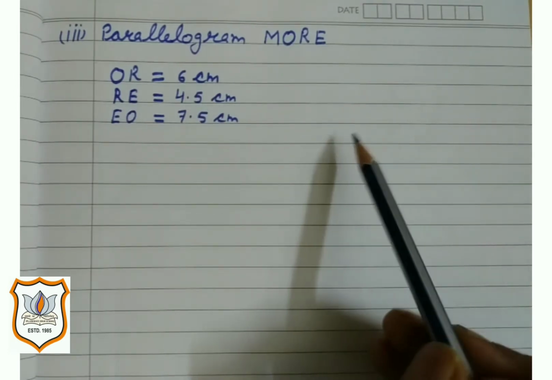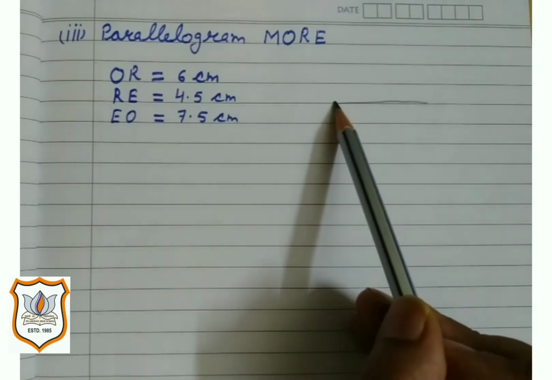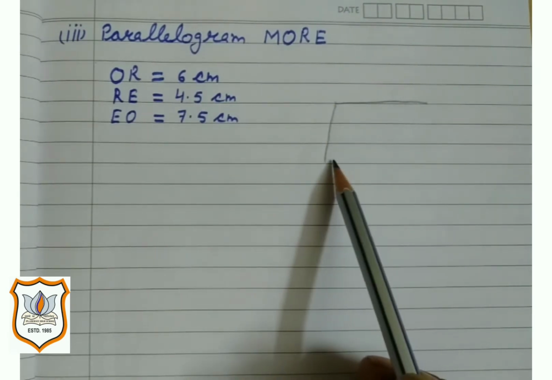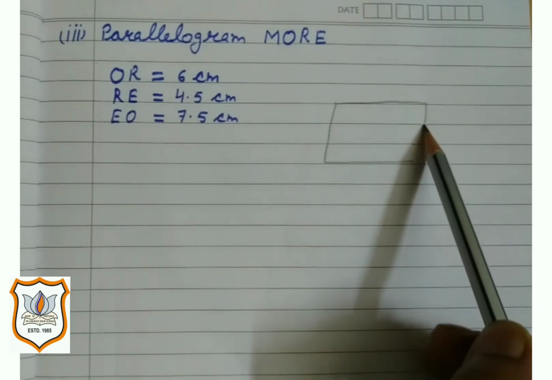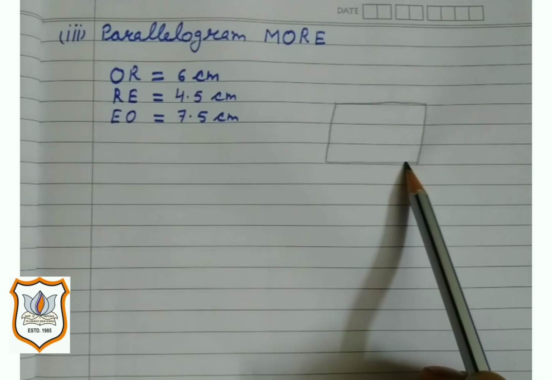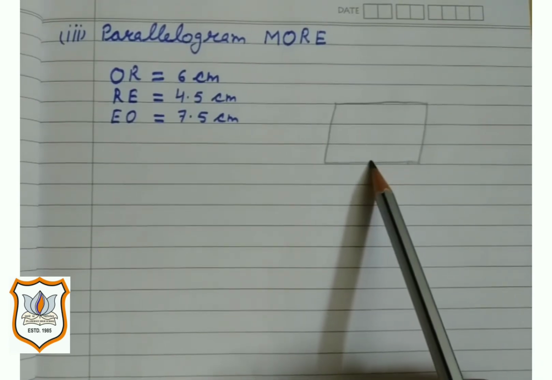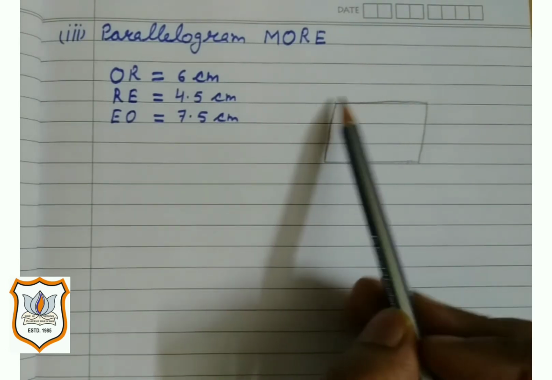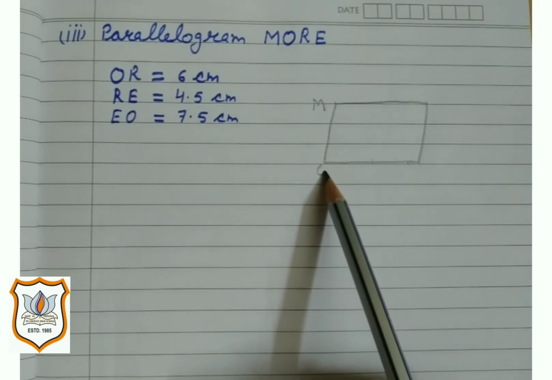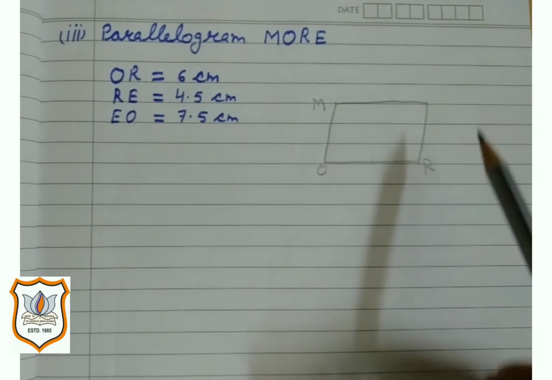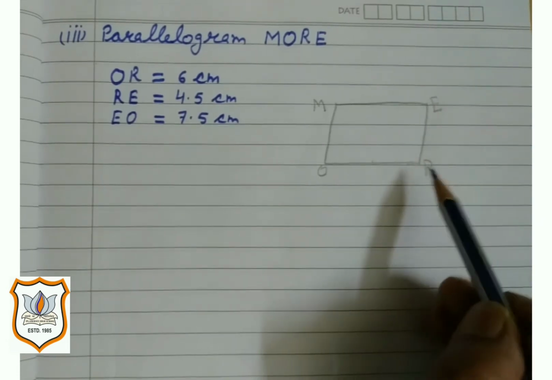Firstly, we draw a rough sketch. So we draw a rough sketch of the parallelogram. Students, I have told you in chapter 3 that the opposite sides of a parallelogram are equal. Now we will give the name MORE and mark the measurements.